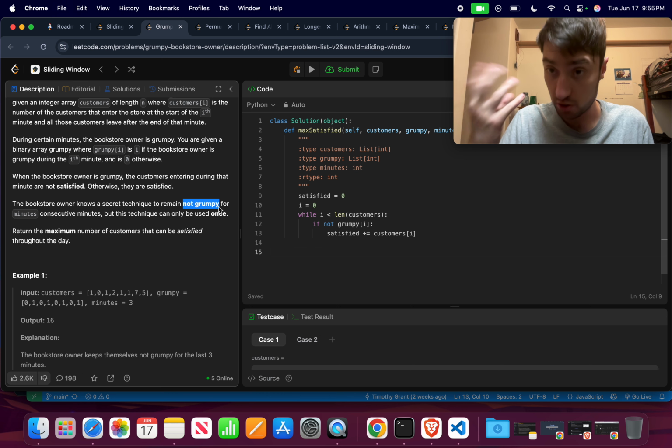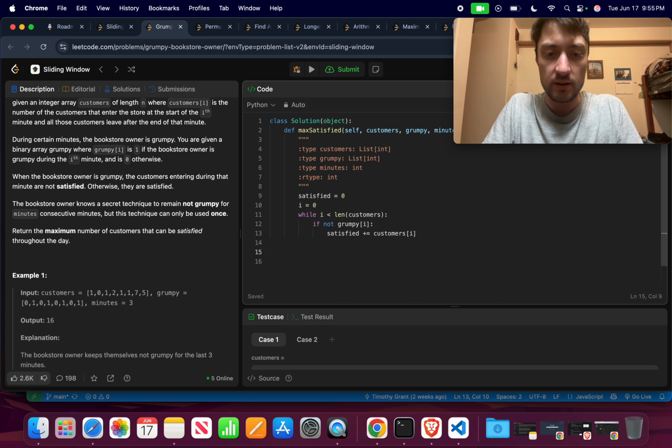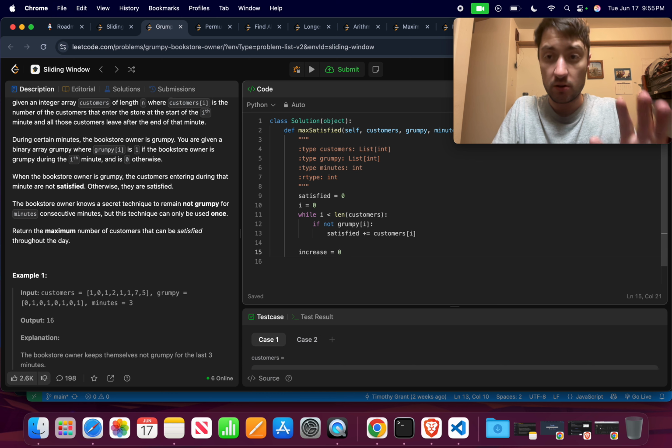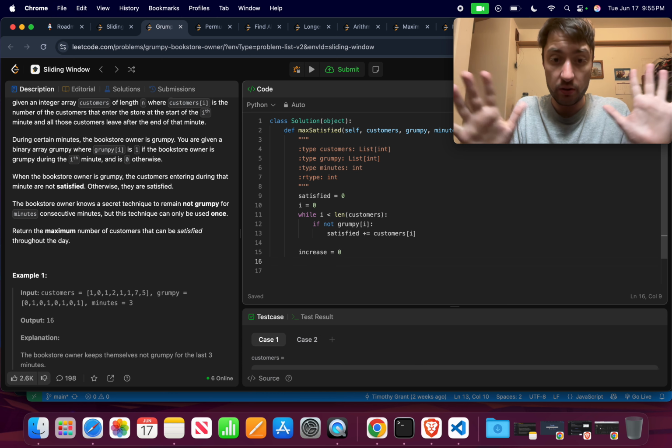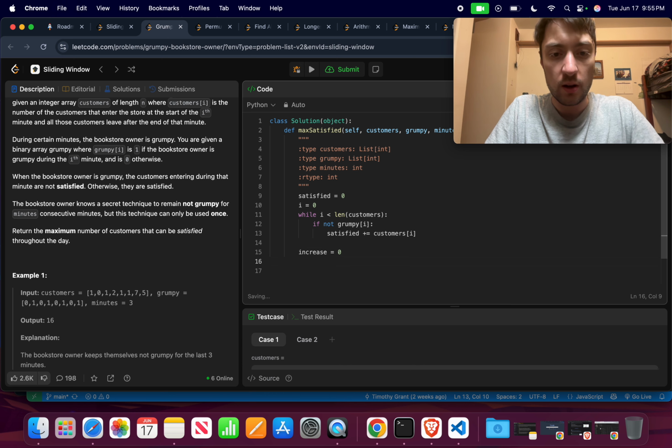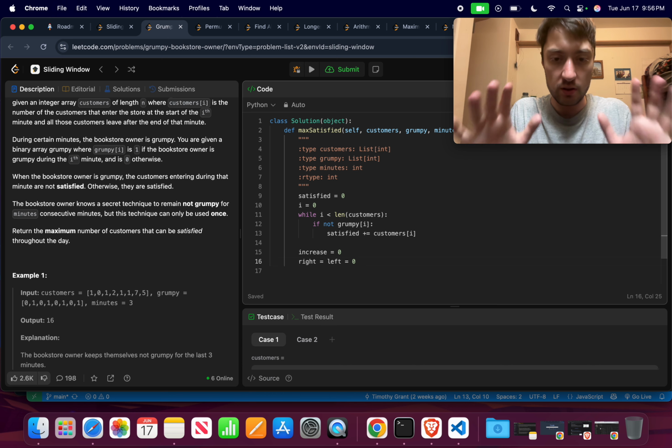Okay, so now what I'm going to do is I'm going to come in here and say increase is equal to 0. Currently, we haven't done the window yet. So I am going to build my window. Okay. So right equals left equals 0.